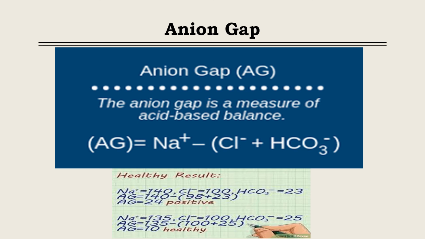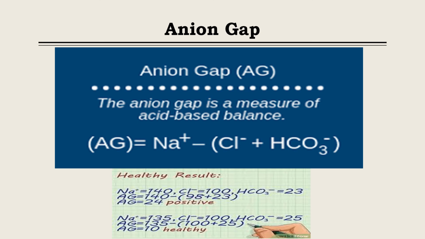So it is from 8 up to 12. This is the normal anion gap. Above this will be high anion gap, and we have high anion gap metabolic acidosis. When you find metabolic acidosis, you should calculate the anion gap.